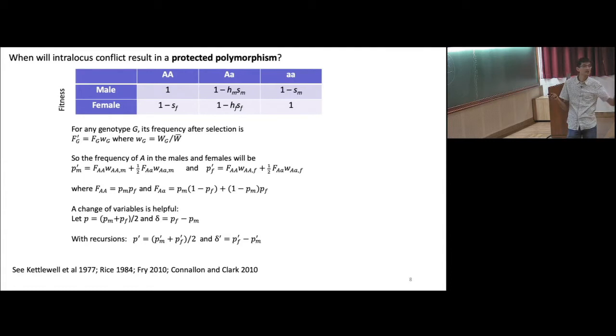If you know what the genotype frequencies are after selection, it's easy to calculate what the allele frequencies are after selection. So this represents all the alleles that are found in the homozygous big A males, and then half the alleles that come from the heterozygotes after selection, and the same kind of thing for females.